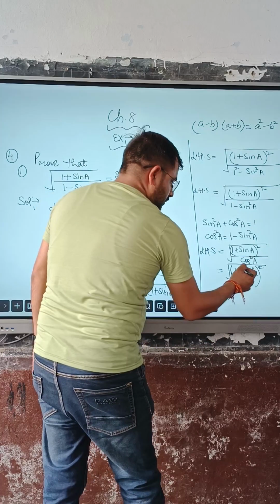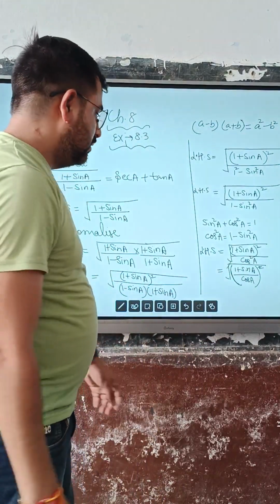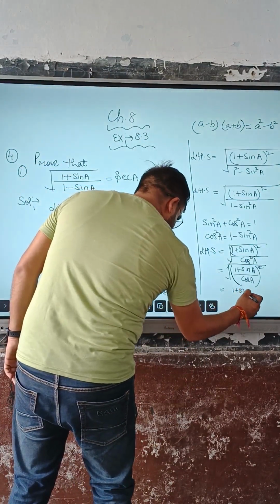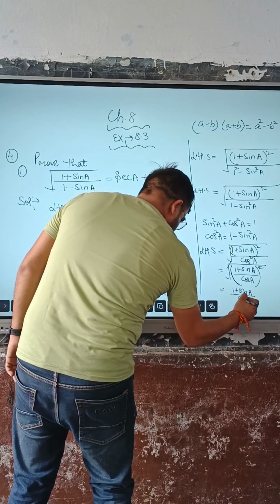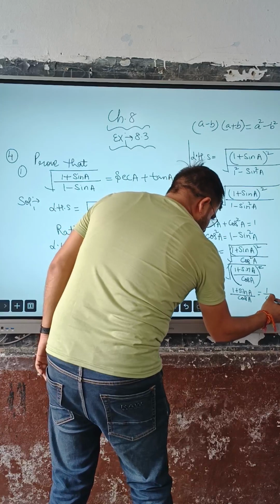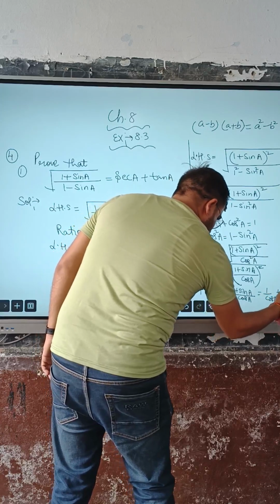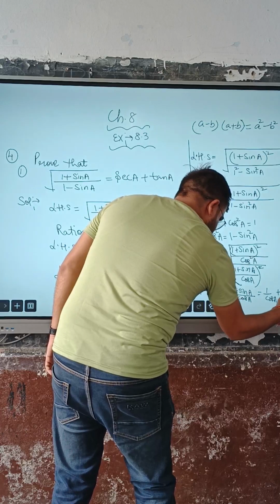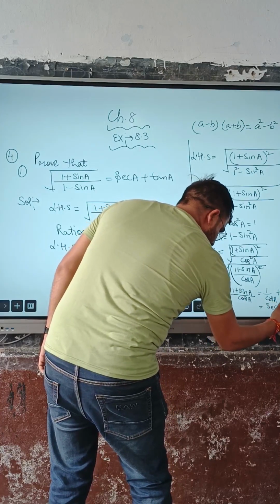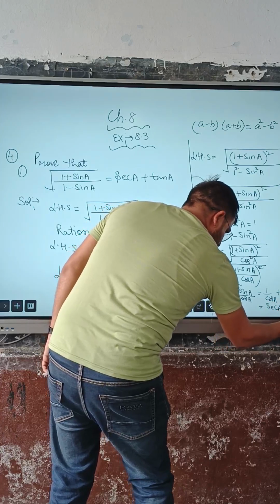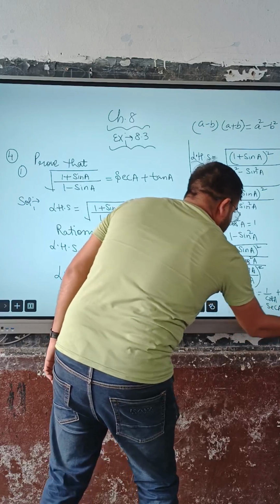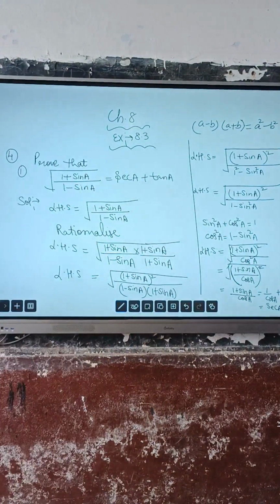So square and square cancel. So the left hand side is 1 plus sin a over cos a. Now we can separate 1 over cos plus sin over cos. 1 over cos is secant a, plus tan a. So this is our right hand side.